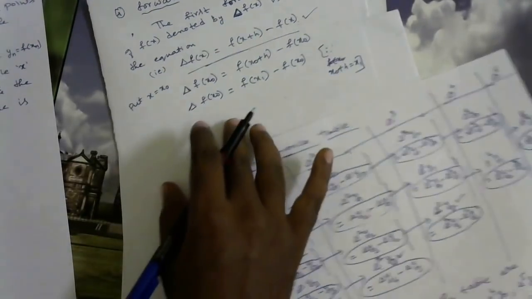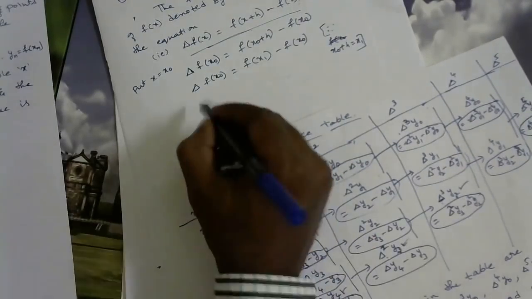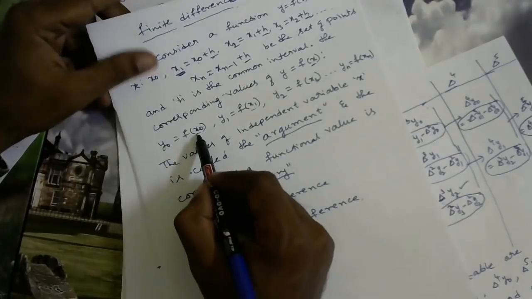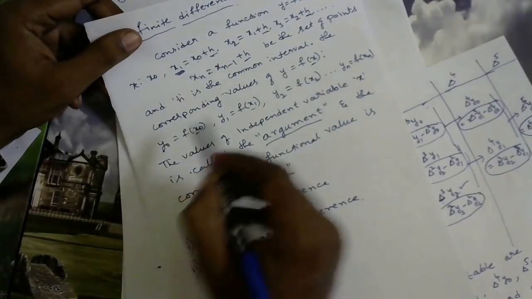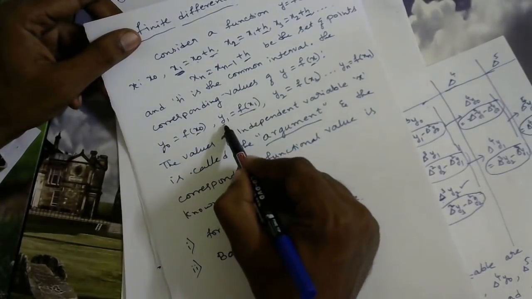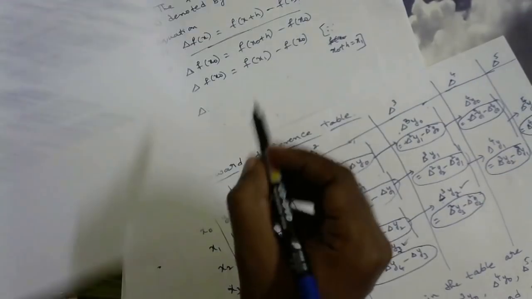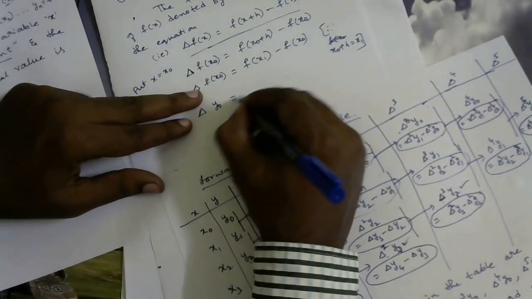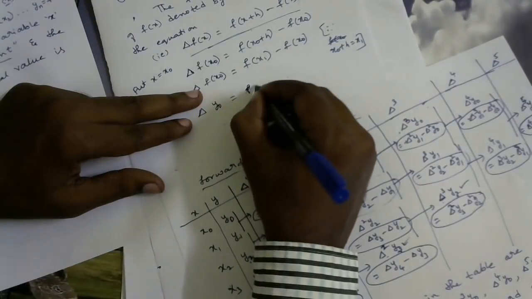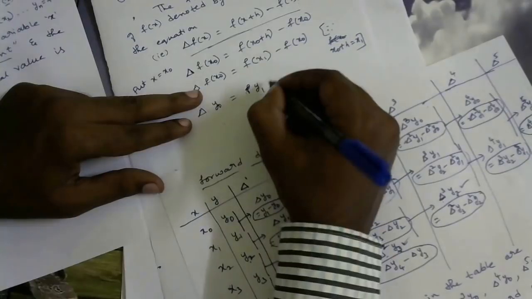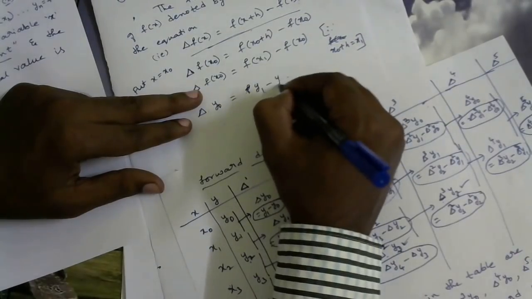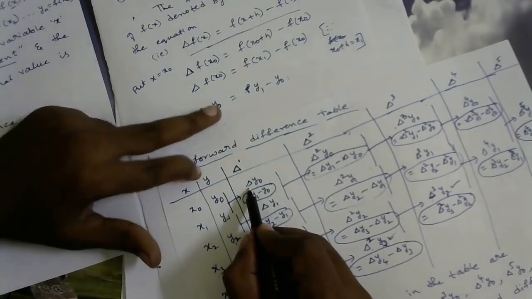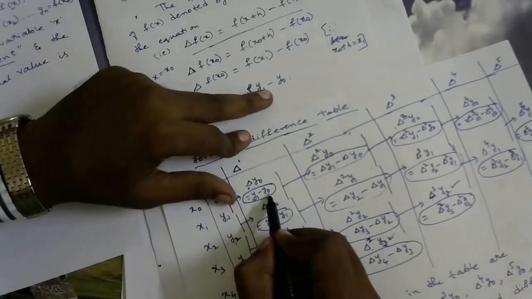Now f of x naught can be written as y naught, and f of x1 can be written as y1. Substituting there, delta y naught equals y1 minus y naught.